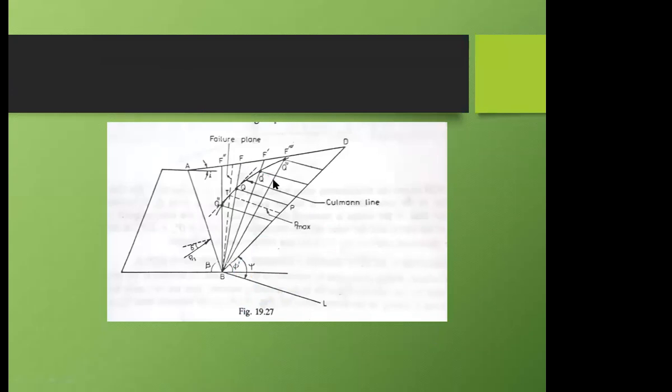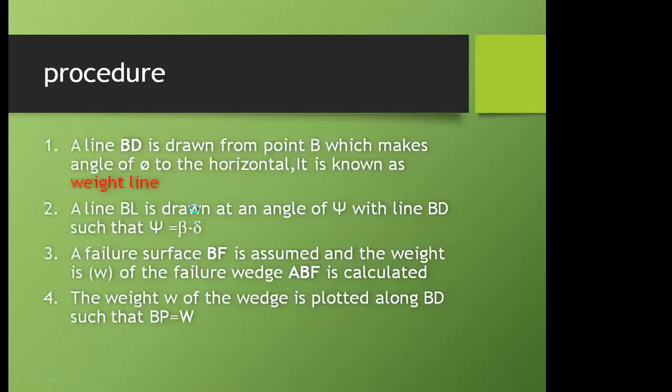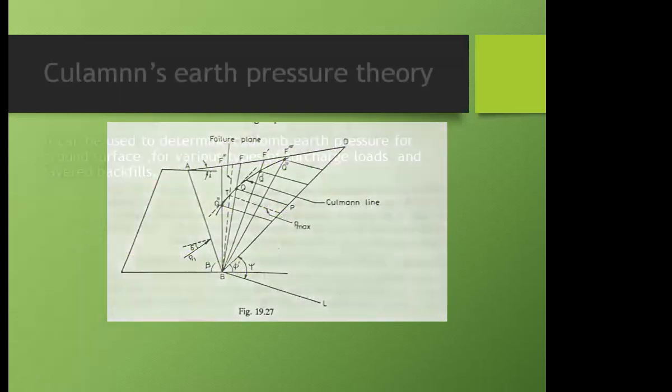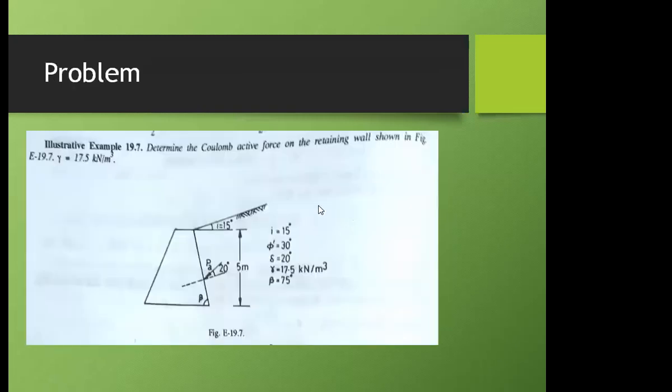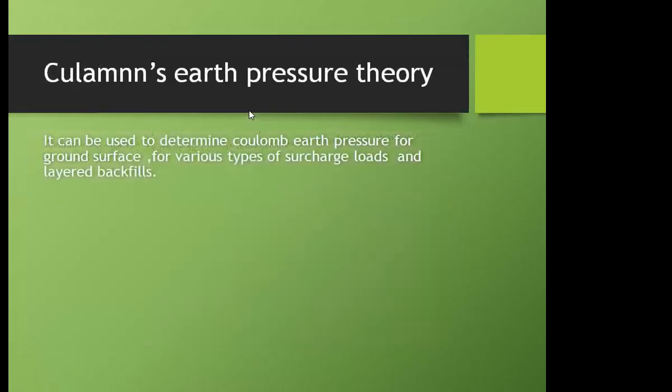Students, so we have seen Coulomb's theory and a problem on Coulomb's theory. Now we'll discuss Coulomb's graphical theory, Coulomb's earth pressure theory. We have discussed in the third unit Rankine's theory and Coulomb's theory.